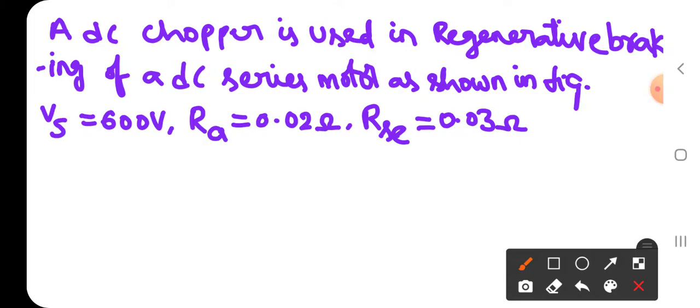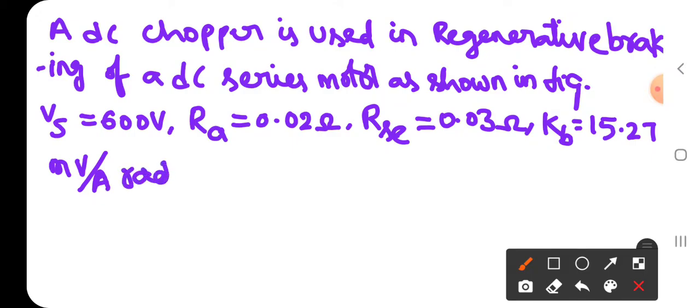The back EMF constant is 15.27 millivolts per ampere radian per second.